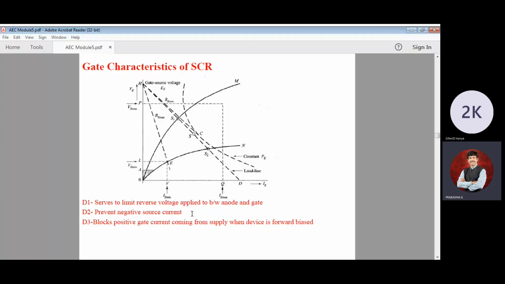Once you know R max, you are going to get an inverse proportion between I and R. When you want to measure E, V is equal to I into R. If R is large, I is small. If I is large, R is small. Correct? V is equal to IR. As current increases, resistance decreases.